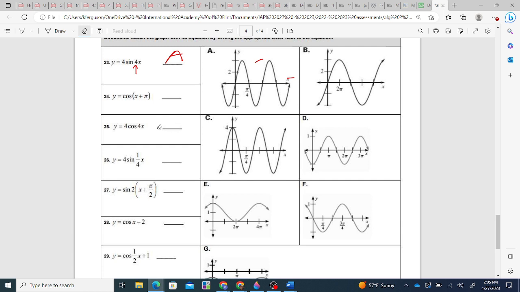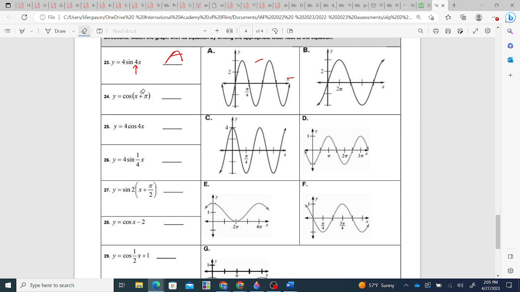25 is C. So again, we need an amplitude of 4. So there's 2, 4. So yep, that's 4. I'm sorry, right here. Sorry, that's 4. Cosine starts at the high point, hits 0, hits the low point, goes back to 0, then ends at the high point. This graph has a halfway point.